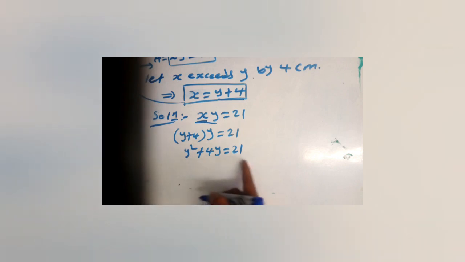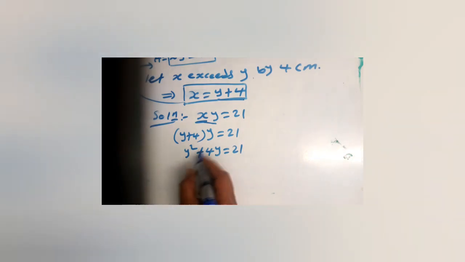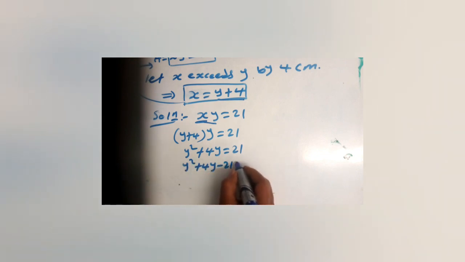ከዚህ ኳድራቲክ ኢኩዌሽን እናገኛለን. In general form, y square plus 4y minus 21 is equal to 0.